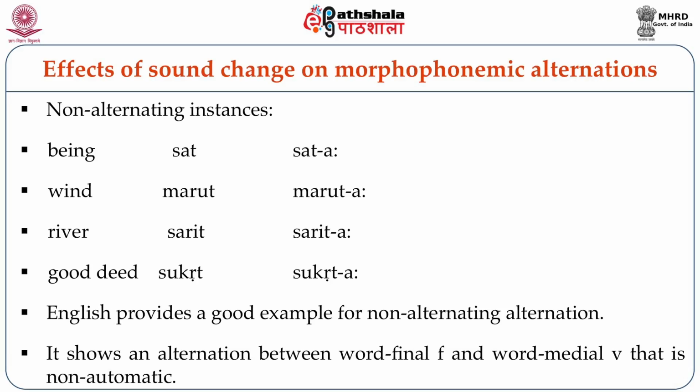In the second one, we have instances of f only, that means there is no alternation. For instance, cliff becomes cliffs only. We cannot have a voiced one there. Then the third one, there are non-alternating instances with v.